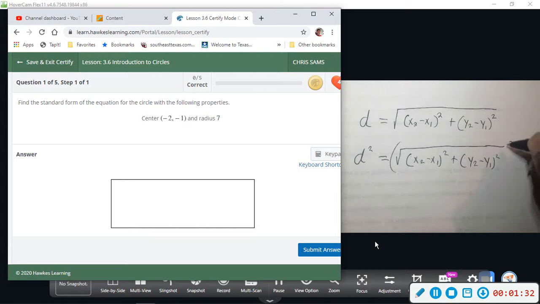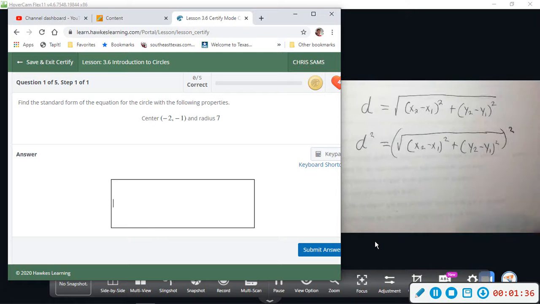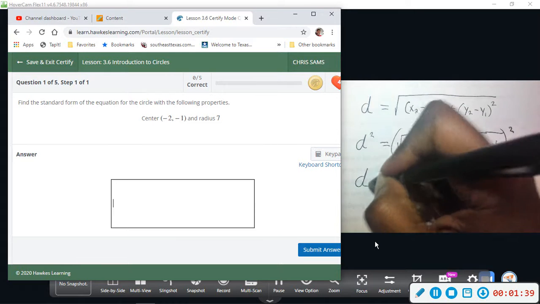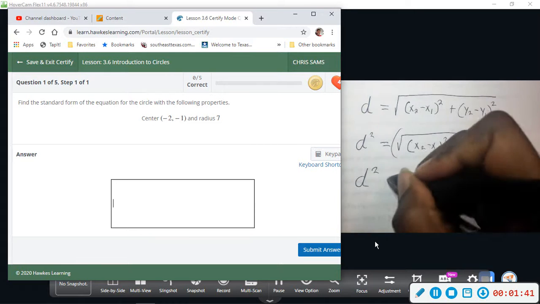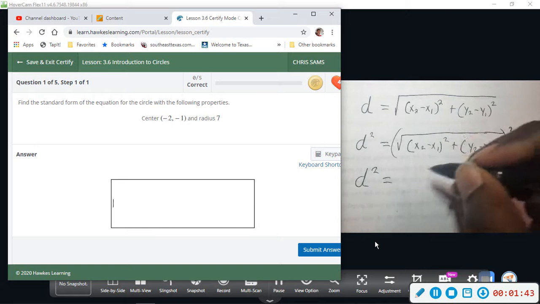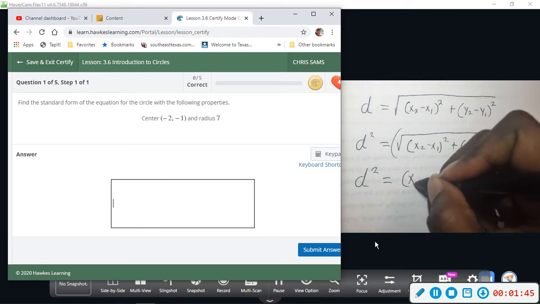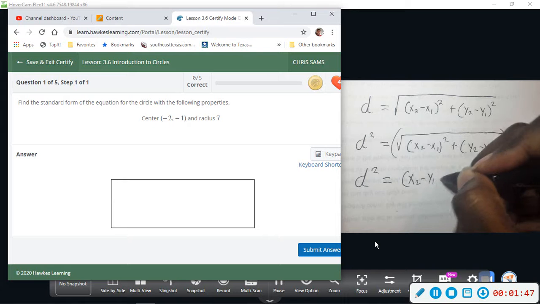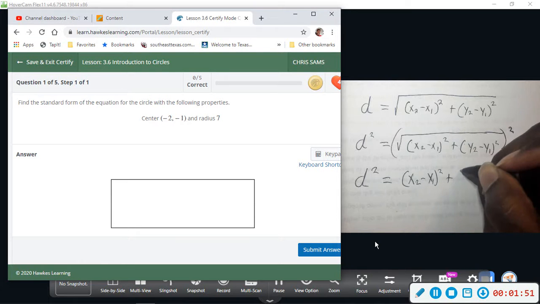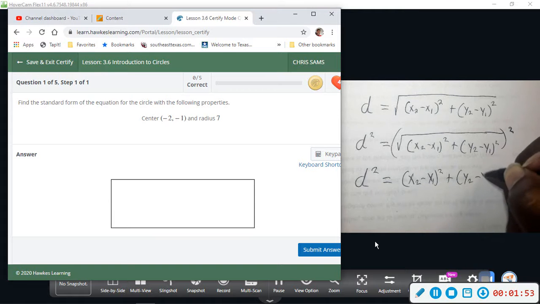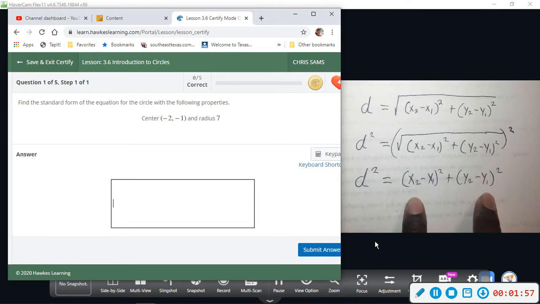Okay, so the square and the square root cancel out, and so you're left with just d squared equals, the square root goes away, we're left with x2 minus x1 squared plus y2 minus y1 squared. Alright, so we're almost there. A couple more things we're going to do.